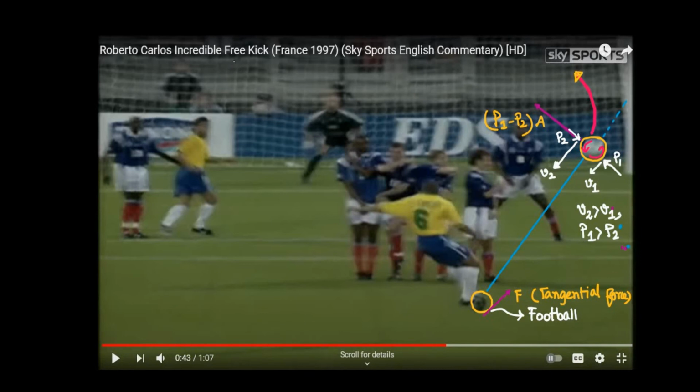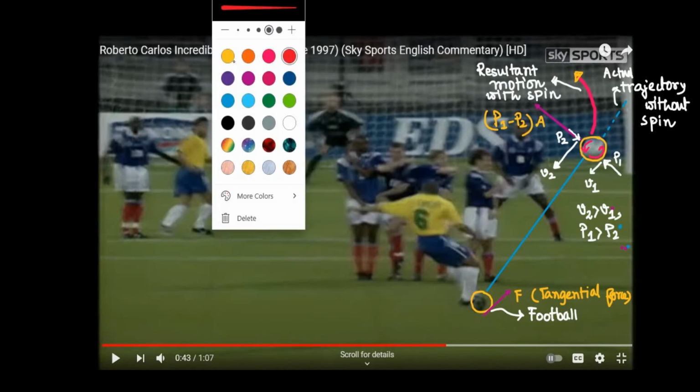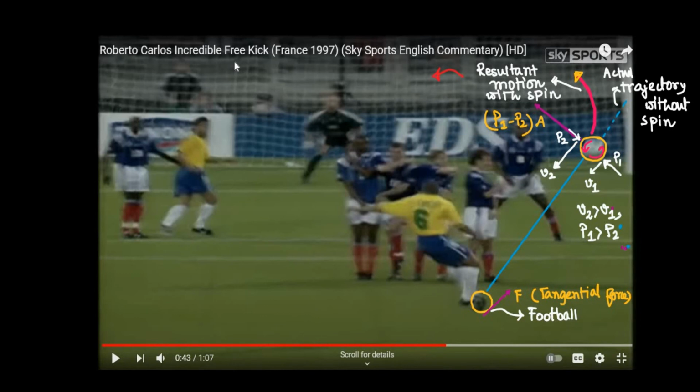And the football follows this curved path, and it departs from its actual trajectory. This is the direction of resultant motion when the football spins, and this is the actual trajectory it will follow if the football does not spin. But if it spins about its own axis in anti-clockwise direction, then it will follow that type of curved trajectory.